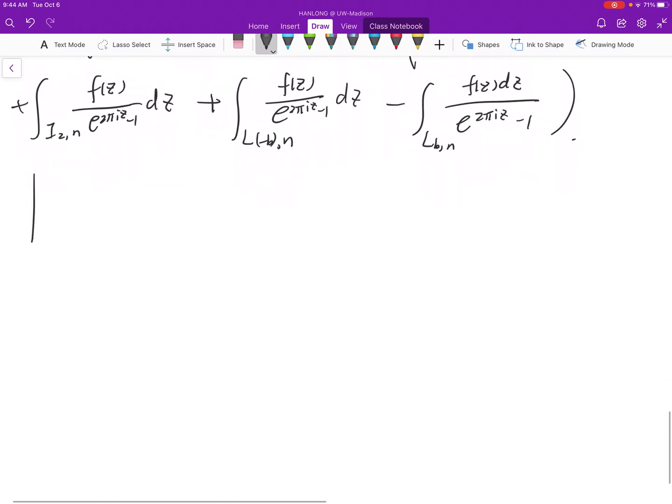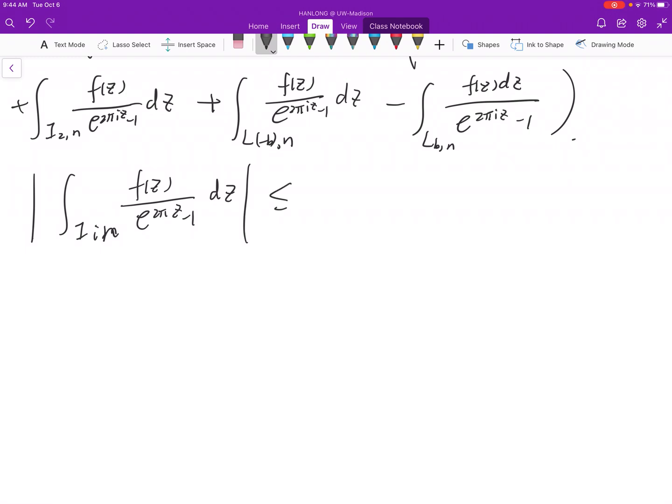So let's first estimate the vertical sides. This is easy by the quadratic decay condition. The length of the interval is 2b, and then you have the maximum of f(z).